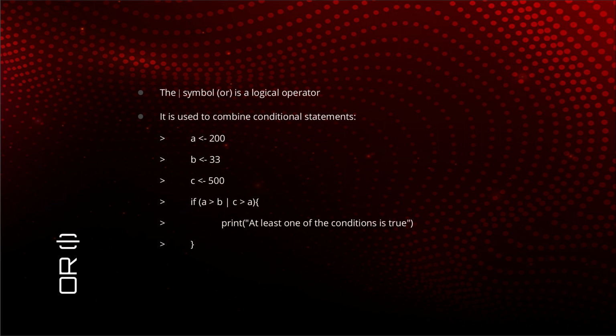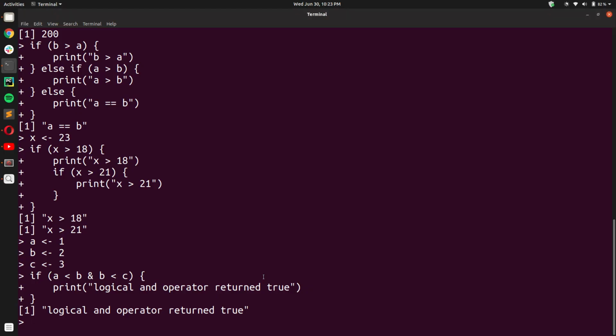Great, so now let's talk about the logical OR operator. The logical OR operator is different from the logical AND operator because it only expects one of the two conditions on either side to be true. So continuing with the same example, let us say we want to check the logical OR operator for its functionality. So we have a condition a less than b which returns true, OR, and OR here is represented by the symbol above your enter key on the keyboard, and b greater than c.